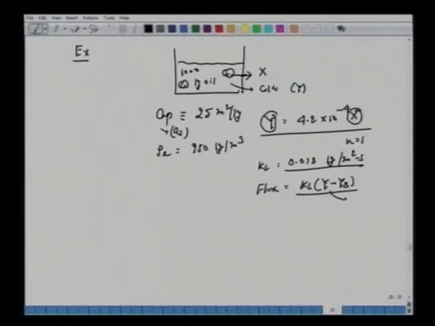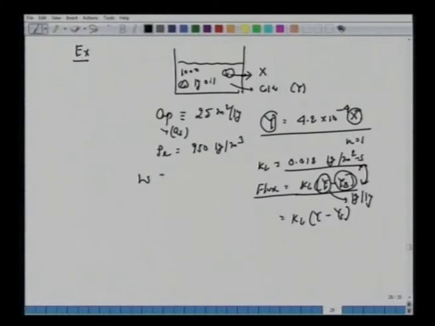Alright, so this is kg per kg, one in the bulk phase and one in the solid phase. So we have KL kg per meter square per second, and we have this dimensionless quantity here. So KL is given as 0.012. You have to be careful what unit is given for KL so that you can write this flux. Okay, so this flux is kg per meter square per second, same as the unit of KL here.